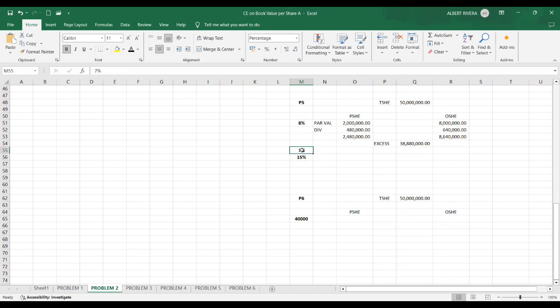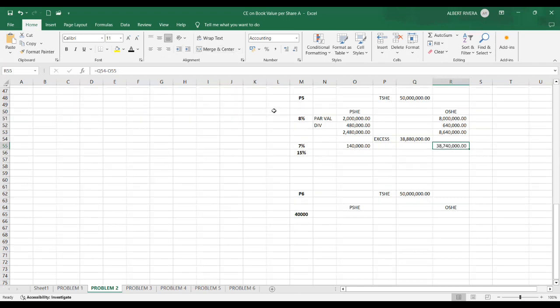So the difference is 7%. Okay? So this would be the amount to be allocated for the preference stockholders equity. So that would be 2 million times 7%, and that is 140,000. Okay? And the remaining of the excess, this is 38.88 minus 140,000 belongs to the ordinary stockholders equity.